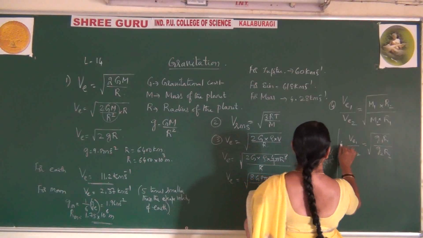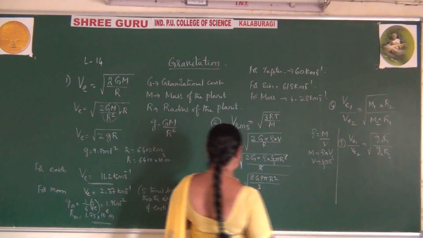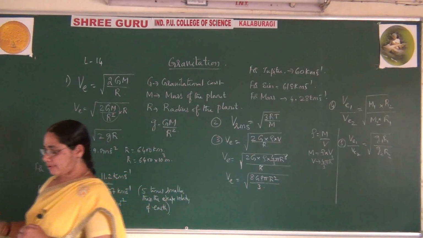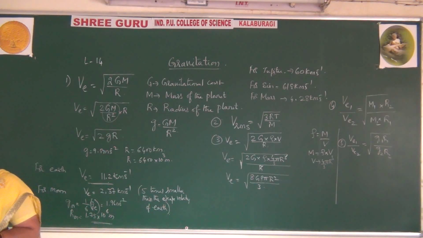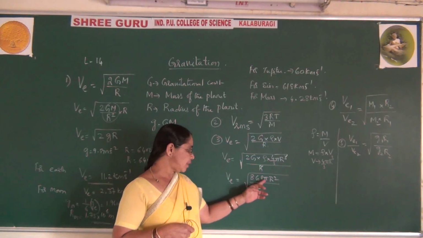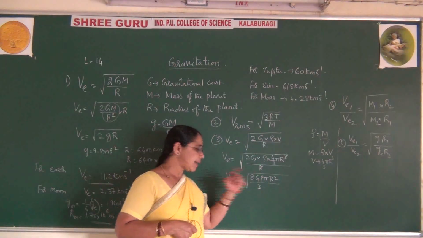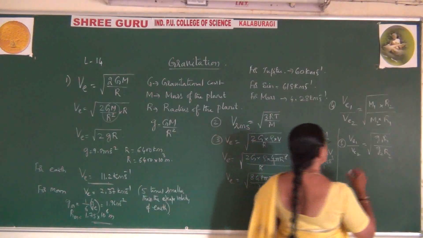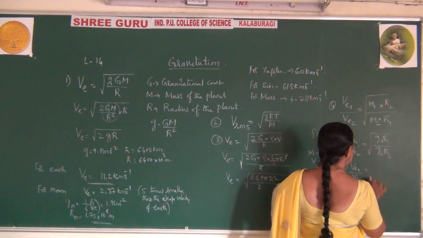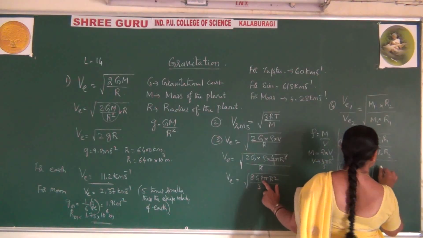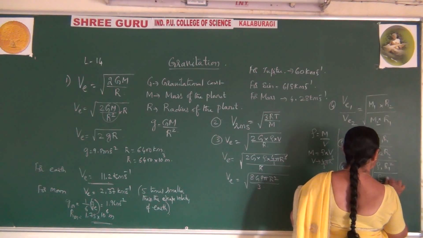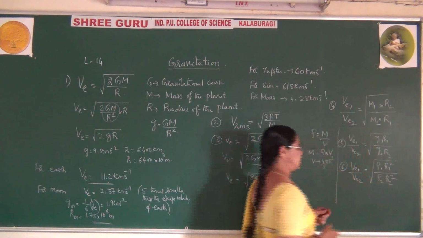If you write in terms of density, then 8 by 3 is a constant, and G will also cancel, leaving density and radius. Both are directly proportional to each other. At that time you can write VE1 by VE2 is equal to rho 1 R1 square divided by rho 2 R2 square, like this.